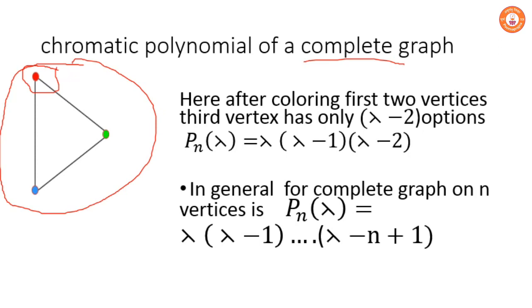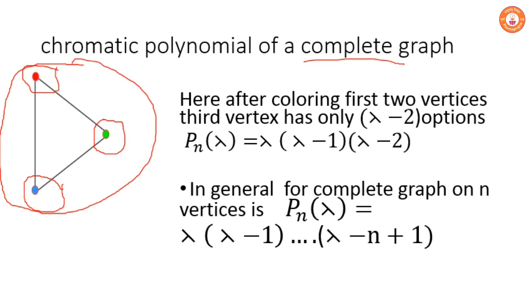So it has lambda choices. Any one of them can be chosen as the second vertex. This can be colored using lambda colors in lambda minus 1 ways, because the first color cannot be used here. After using two colors, now choose the third vertex, the only third vertex here. So that can be colored in lambda minus 2 ways.